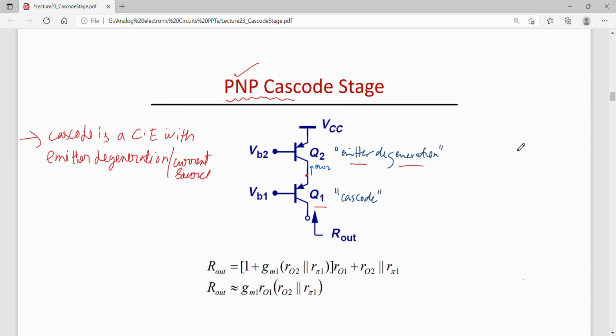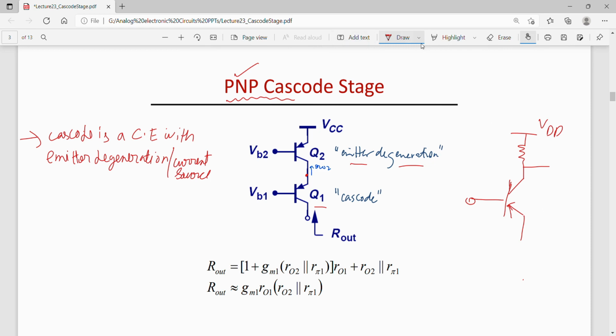If I try to make a PNP based common emitter configuration, we'll have to connect these two here and this one here, and the output is taken at the collector.